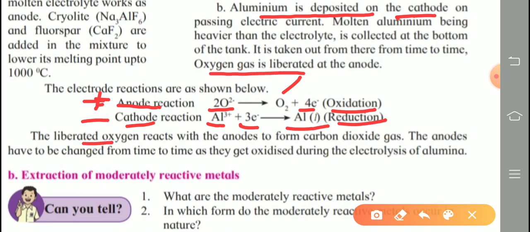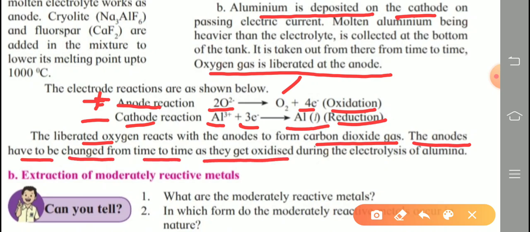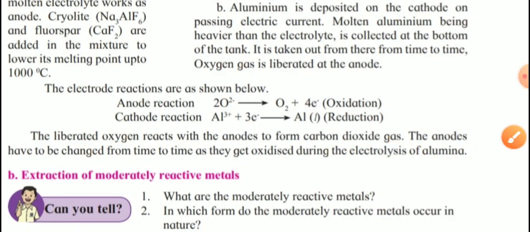Here oxygen is liberated at the anode, so that oxygen reacts with the anode to form carbon dioxide gas. The anodes have to be changed from time to time as they get oxidized during the electrolysis of alumina. The graphite rods that act as anode, meaning positive electrodes, are replaced from time to time because they are oxidized in this electrolysis of alumina process.